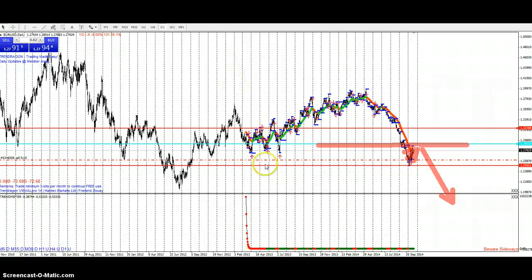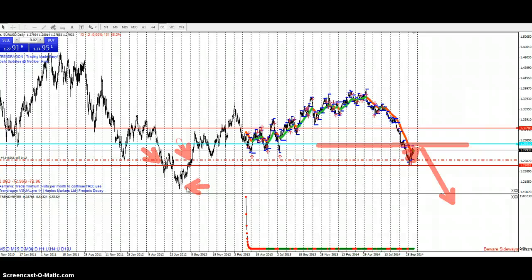If you look in the past, this level right here has been touched, was a congestion level here, congestion level here, and if it breaks that level down, the next level would be here at the 1.2 figure, which was done in 2012.